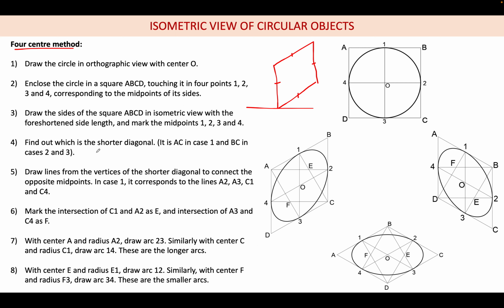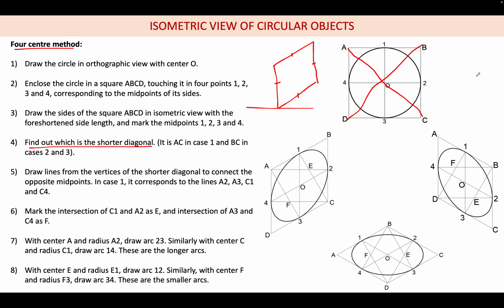Now what you have to do is find out which is the shorter diagonal. Here both AC and BD will be equal, because in the true length square both diagonals are of equal length.